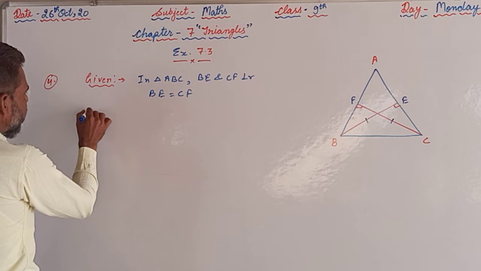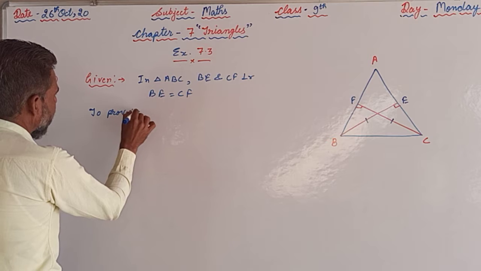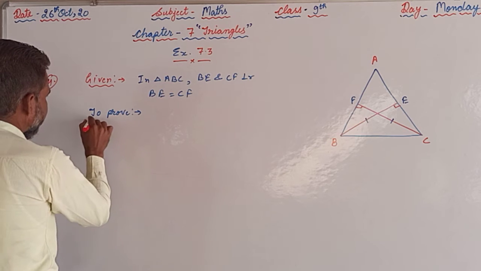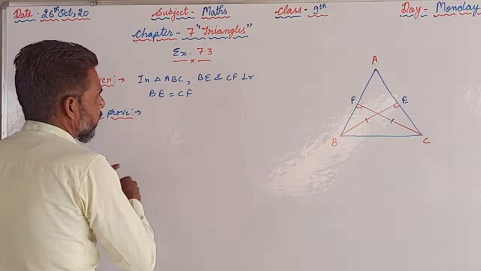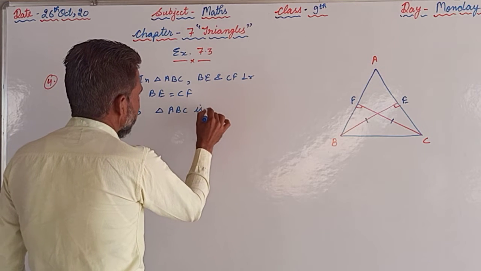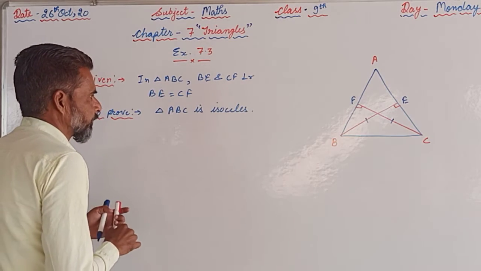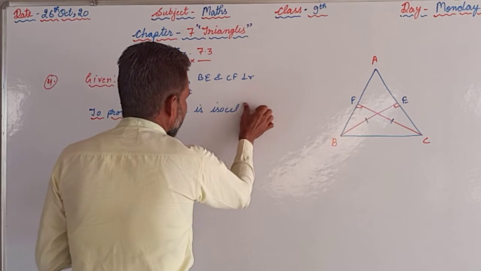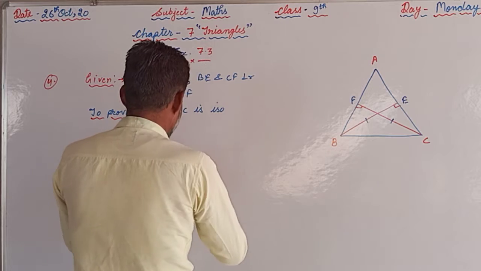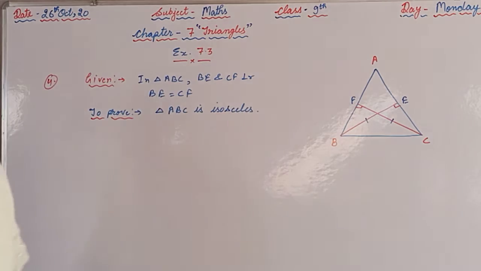Now we have to prove, what we have to prove, that triangle ABC is isosceles.